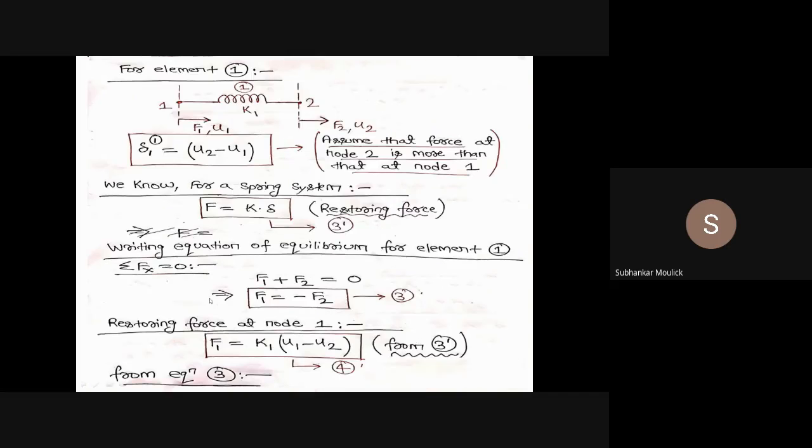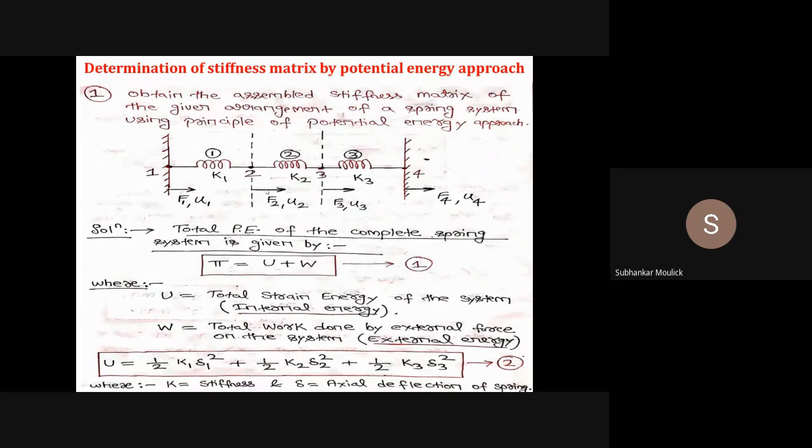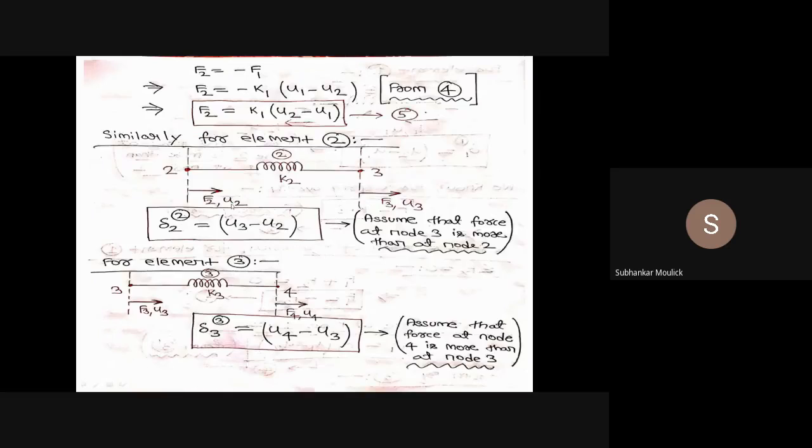Similarly, for the second element as well as for the third element, let us find out the linear displacement delta 2 for the second element and delta 3 for the third element.